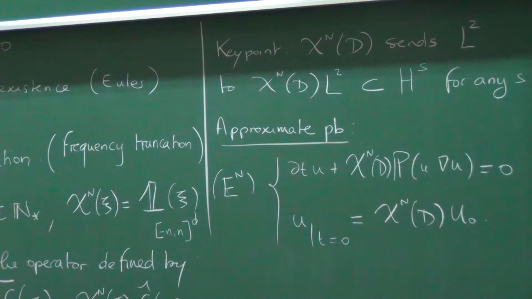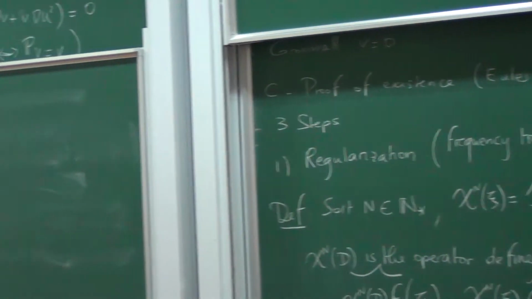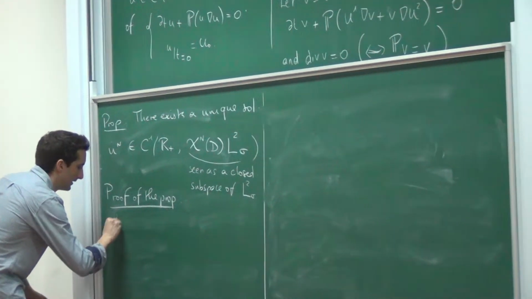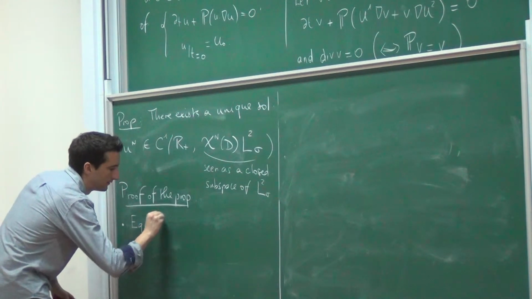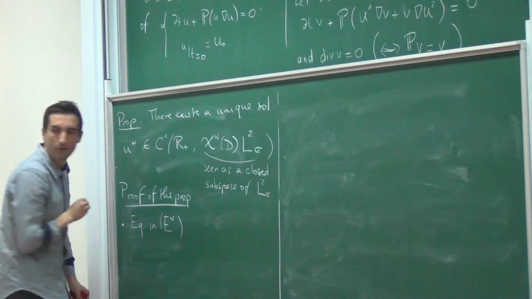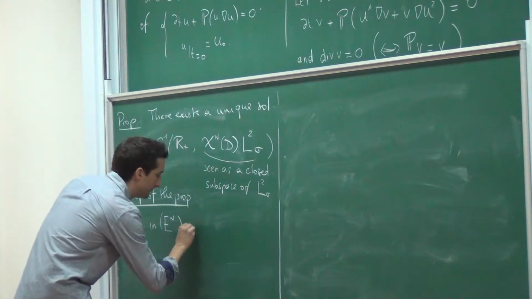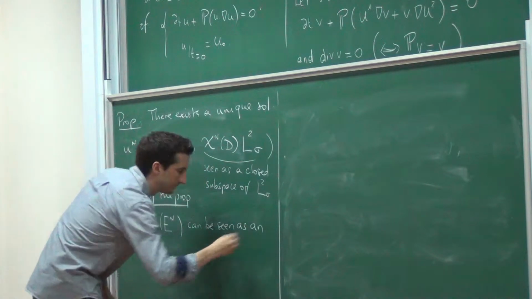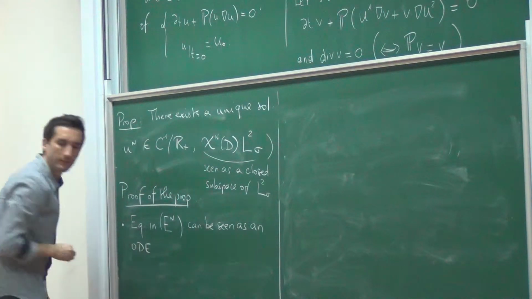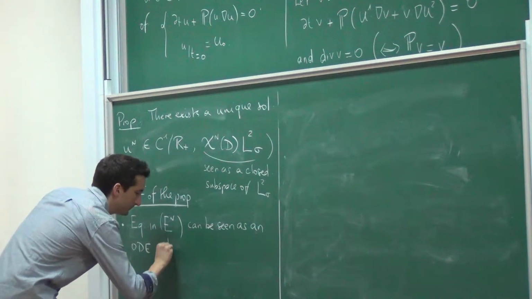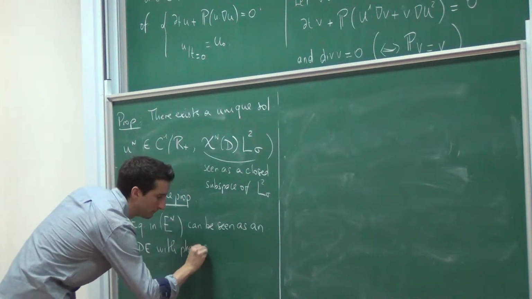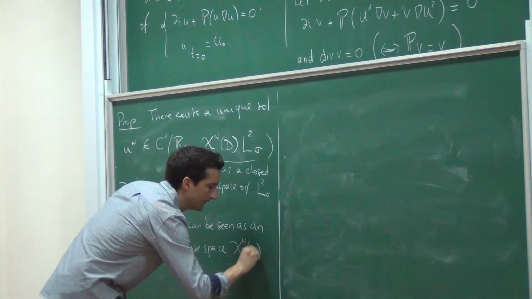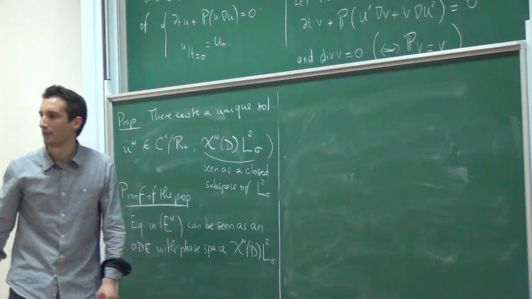Okay, so the first thing to notice is that the equation in this approximated Euler problem can be seen as an ODE with phase space chi n of d L2 sigma.